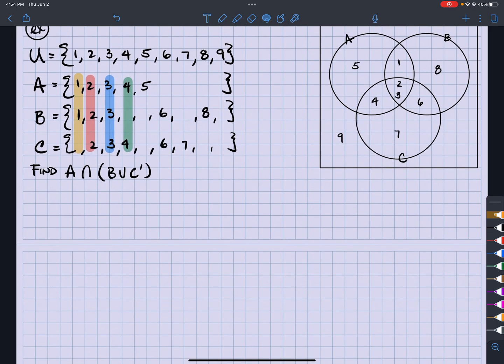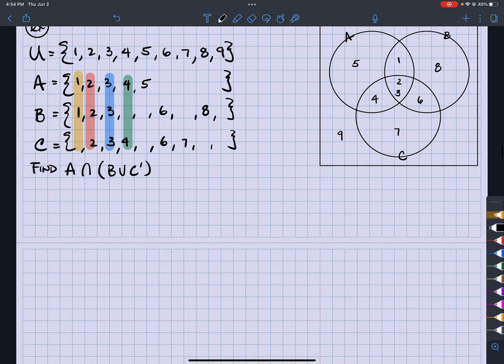All right, so if that's what I have to find, the first thing I'm going to do is find what not C is.